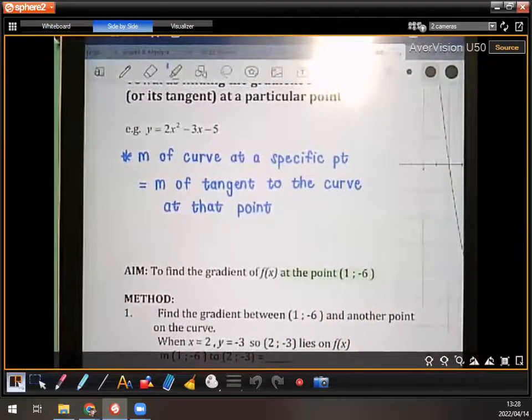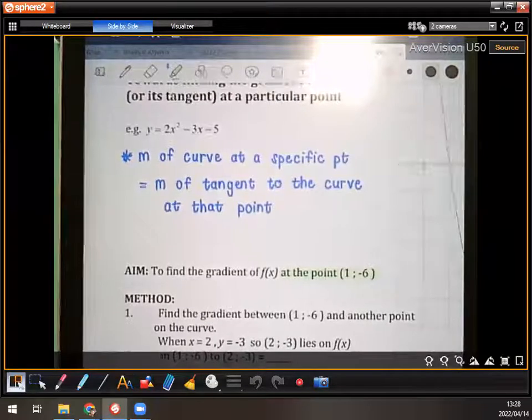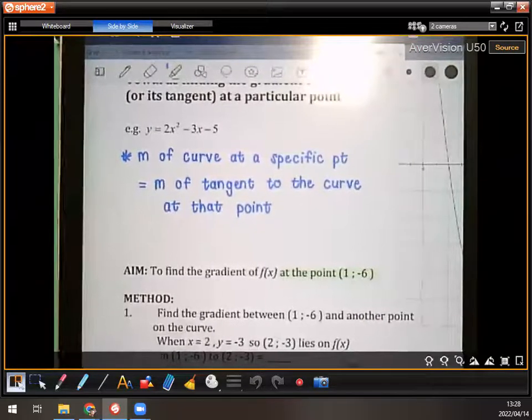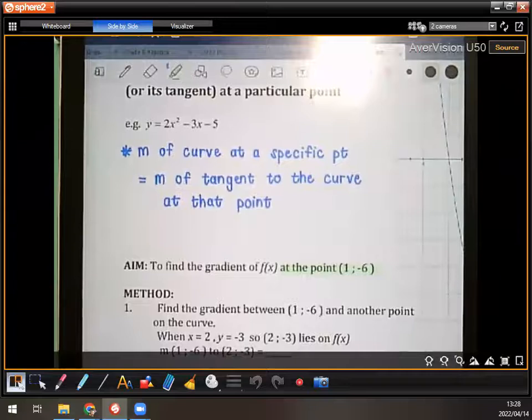That is the whole purpose of this investigation. We know how to find the gradient between 2 points. We want to come up with a formula that will allow us to get the gradient at a point, because we can't use our change in y over change in x formula if we only have 1 point. So we need to come up with a new formula.